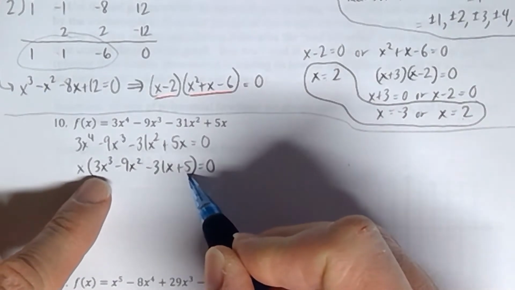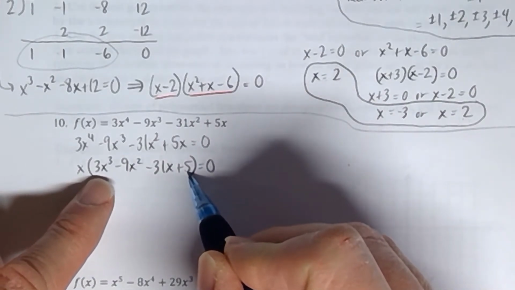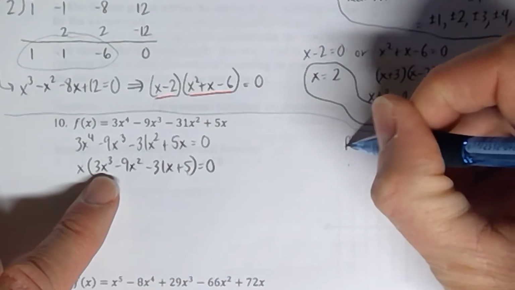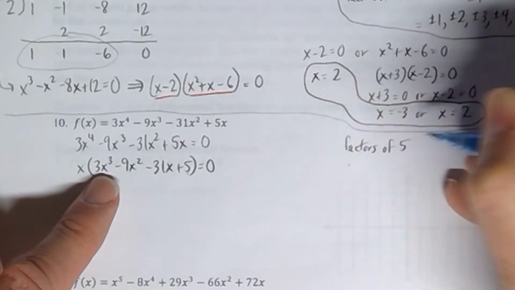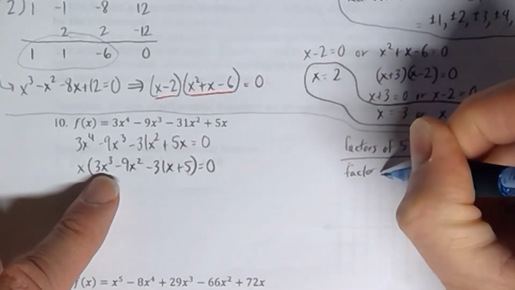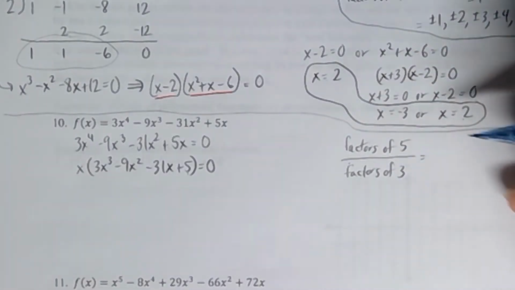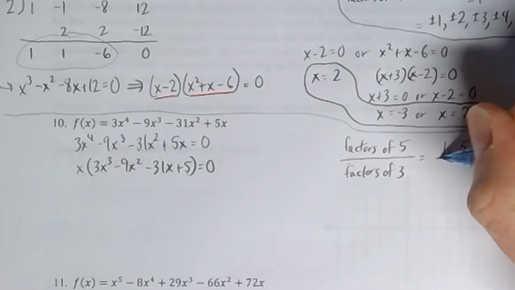So you take the 5, the coefficient of the term that doesn't have any variable in it, and you take the coefficient of the highest degree term, 3, and we say factors of 5 divided by factors of 3. And so what are the factors of 5? It's just 1 and 5, right? What are the factors of 3?